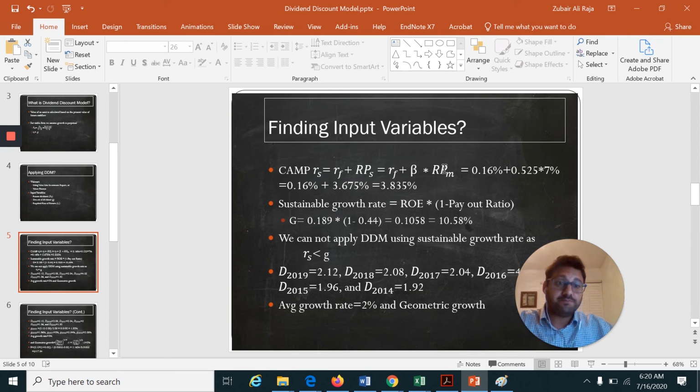Now the beta depends on what data you have used to calculate it. The beta is simply the volatility, that is, how sensitive your stock is to the volatility of the return of the market index, right?